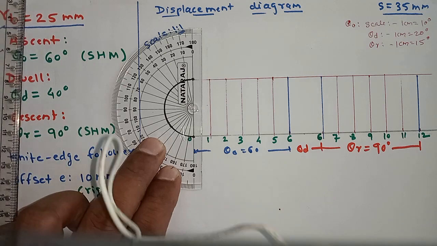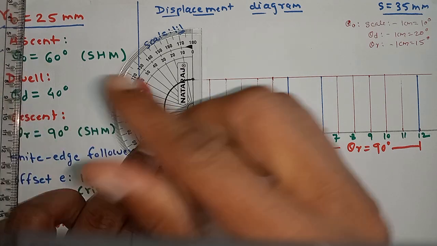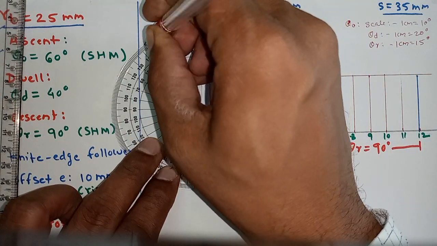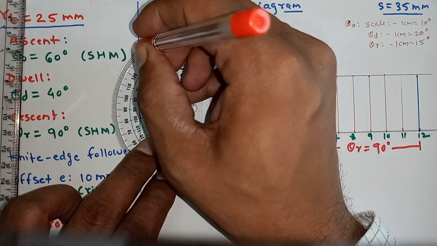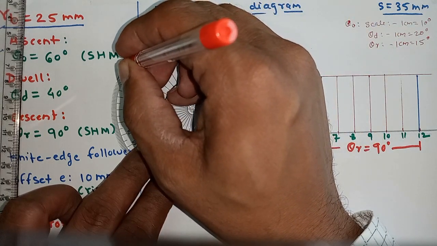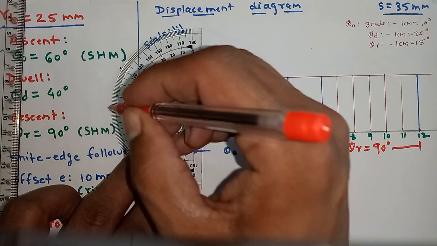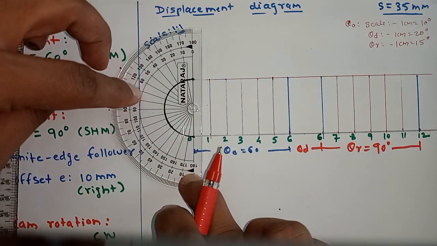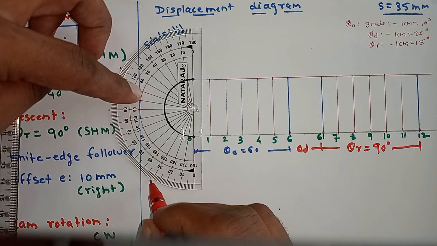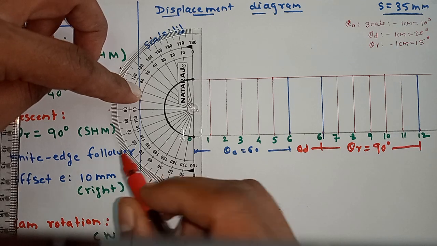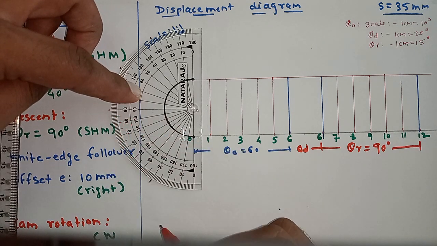Let us mark the points. This will be my first division, 30, then 60, then 90, then another 30, 60 and 90.